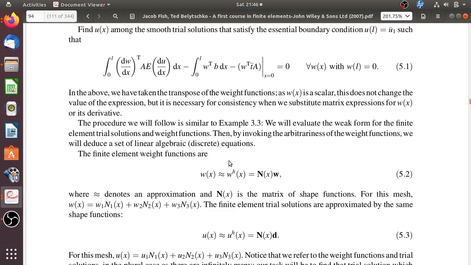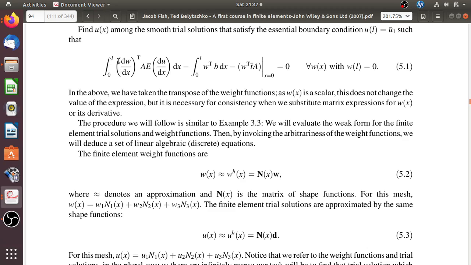So that's what I have to put over here, and if I put it over here, then w is just some numbers, okay, the vector, but it contains some numbers. The elements are some numbers, whereas this is a vector which contains functions, okay, which is a function of x. Therefore, when I substitute it over here, only this N will get differentiated with respect to x, and w is just a constant.